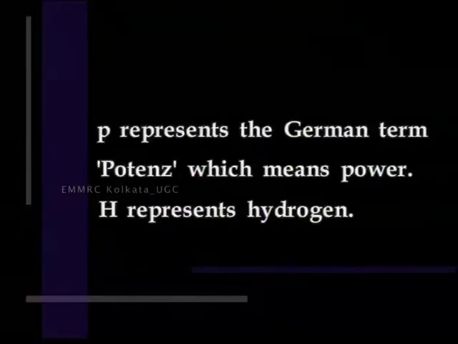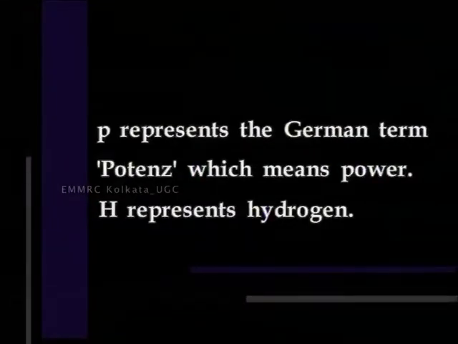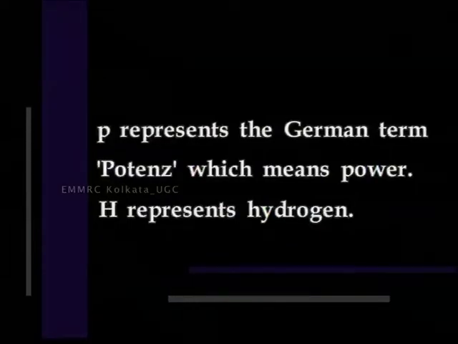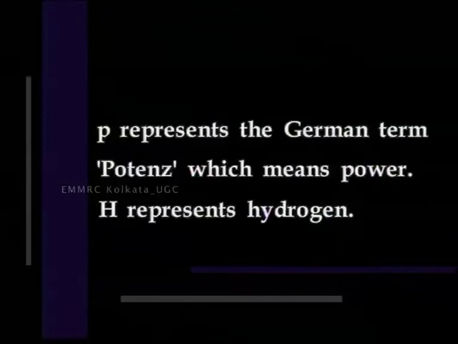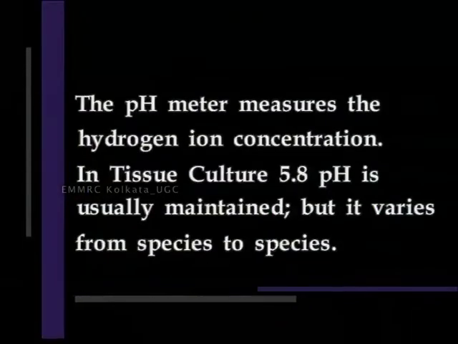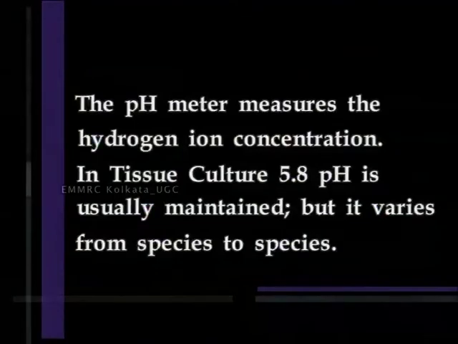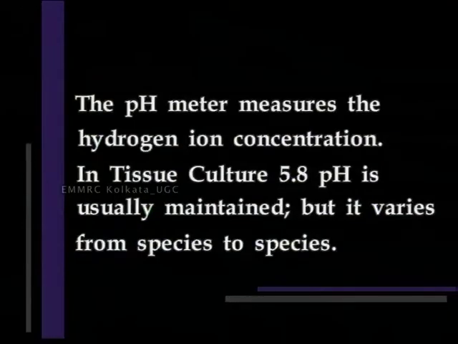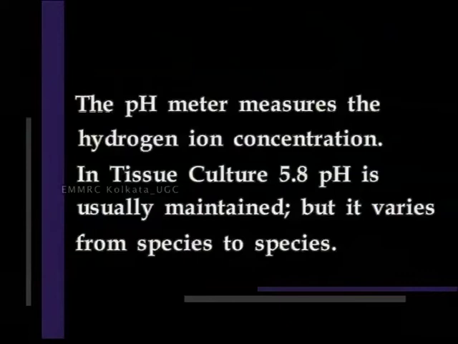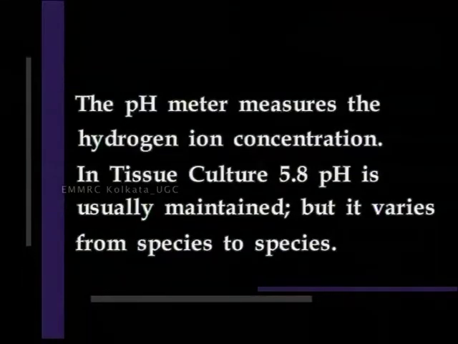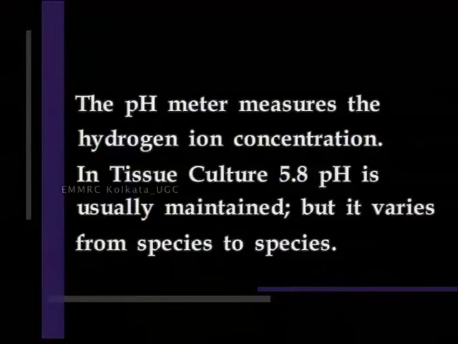P represents the German term Potenz, which means power. H represents hydrogen. The pH meter measures the hydrogen ion concentration. In tissue culture, a pH of 5.8 is usually maintained, but it varies from species to species.